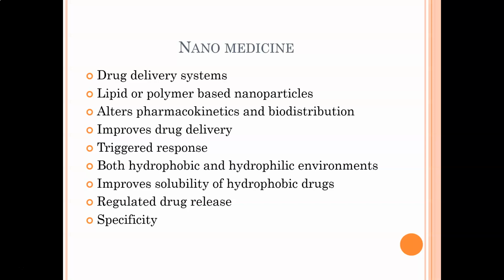Whenever you talk about drug and its metabolism, there is an area called ADME studies. A stands for absorption, D stands for distribution, M stands for metabolism, and E stands for excretion. These four factors are very significant in deciding if the drug is going to be effective or not.